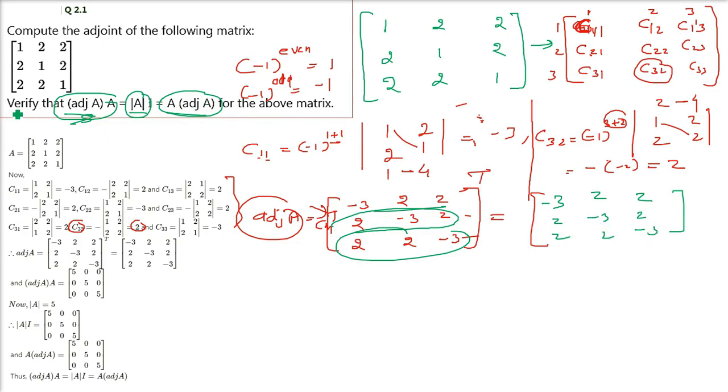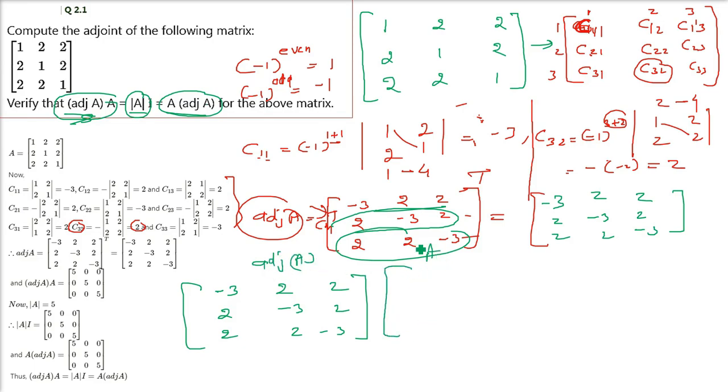Okay. Now adjoint A into A we are doing. So adjoint A I'm writing first. This is adjoint A, I'm just writing here, and we are multiplying it with A. I'm going to show you how actually it will be done. Those who know the multiplication can just proceed.